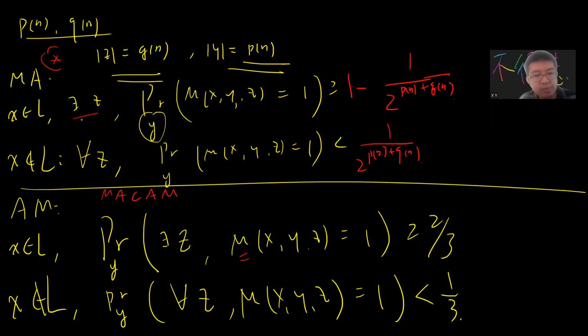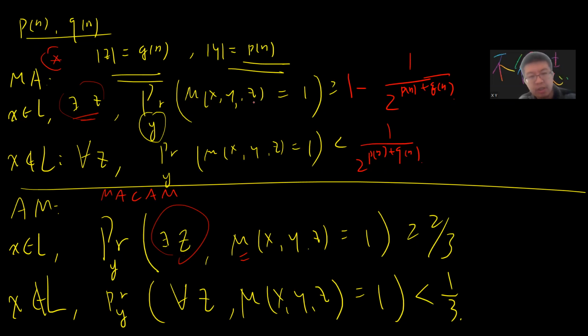In the MA case, Merlin sends z to Arthur. But in the AM case, Arthur sends some coins to Merlin, and Merlin replies with the same z.